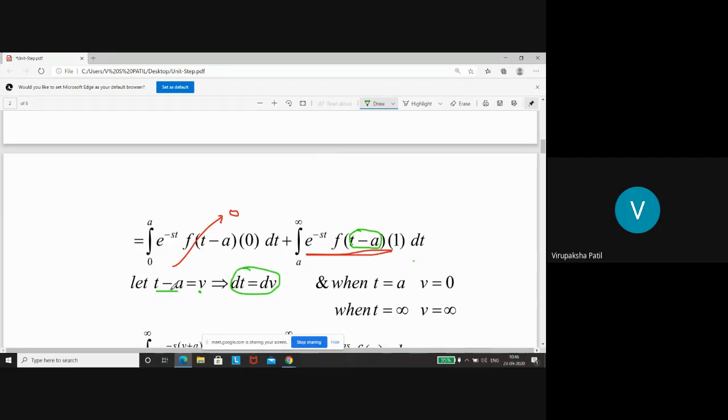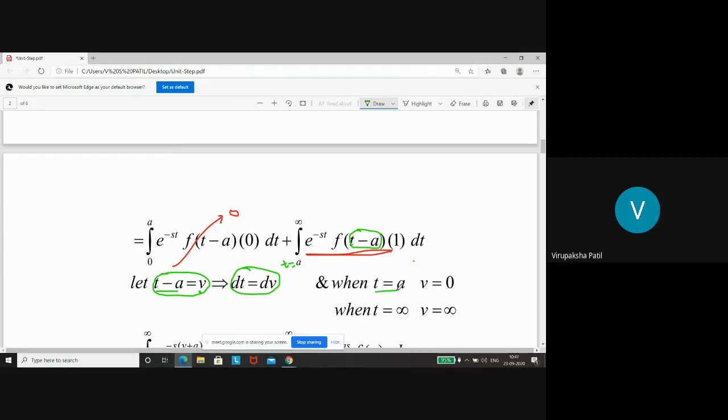Whenever you are substituting for something, you have to concentrate on the limits also. These limits are for t equal to a to infinity. To get the new limits, you put those limiting values here. When t is equal to a, this becomes a minus a, that is v is equal to 0.